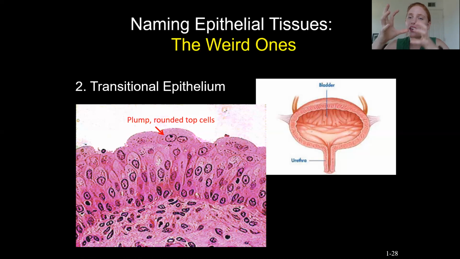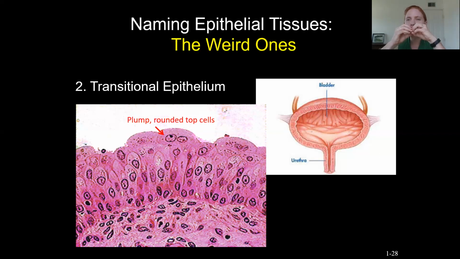Okay, so they're nice and big and round like that because, generally speaking, when the bladder is empty, so it's nice and small, the cells sit on top of each other, but as the bladder fills with urine, those cells can actually roll past each other, and instead of more like stratified, they can become more like simple.